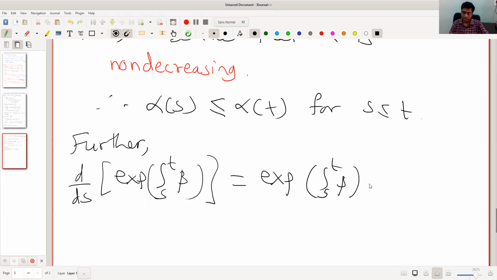Okay, multiplied by derivative of this thing, integral s to t beta, d by ds of this thing, differentiation under integral sign. Okay, beta is say beta of tau d tau. Okay, so it will not contain s, but the lower limit contains s. The only lower limit contains s.